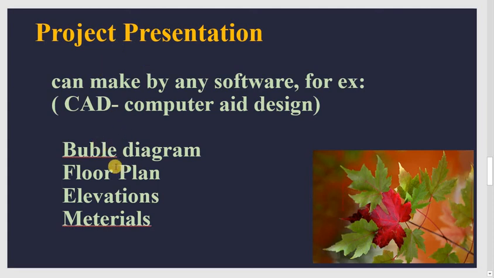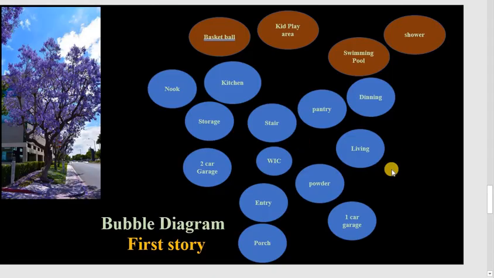And after that, keep the same. I need the four steps: bubble diagram, floor plan, elevation, and material. Same thing, whether it looks like what I do by hand, or it's done with AutoCAD or some other software. I give you one example from PowerPoint. This is exactly the same bubble diagram of the first floor that I shared with you by hand.